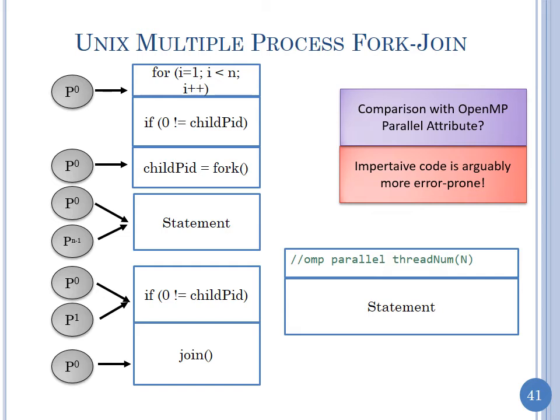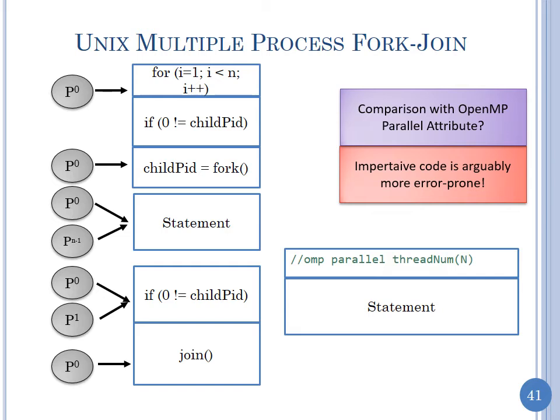I think I once saw a survey that wanted to know how many times programs that do fork do not have a join after them, or do not check for the child PID. That means they just have the parent process and the child process do the same thing.